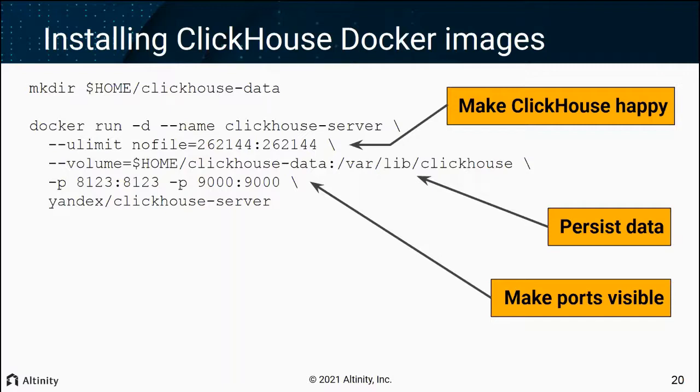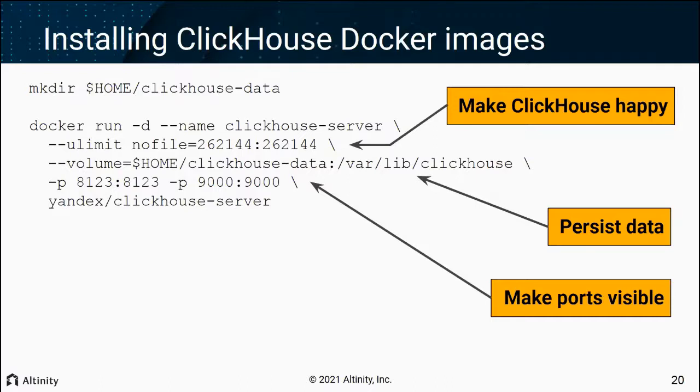The reason is we're giving ClickHouse just a little bit of information that it needs to run. First of all, changing the number of open files. We set that ulimit to something big, in this case over 250,000. The --volume option is telling ClickHouse, hey, this is where to put your data. This means if your container gets zapped or you wipe it out, you won't lose your data.